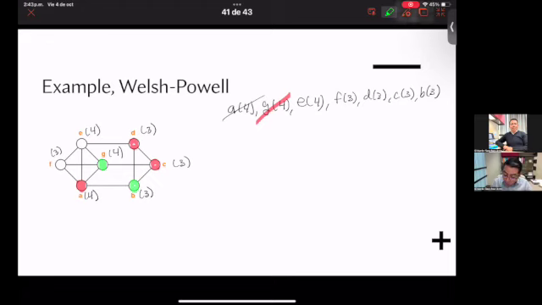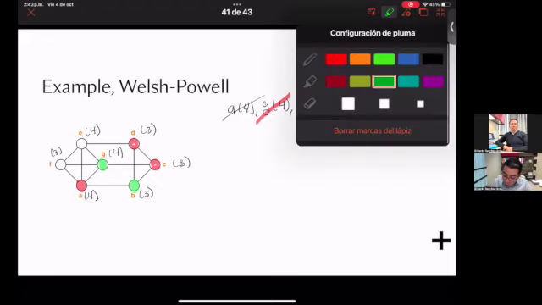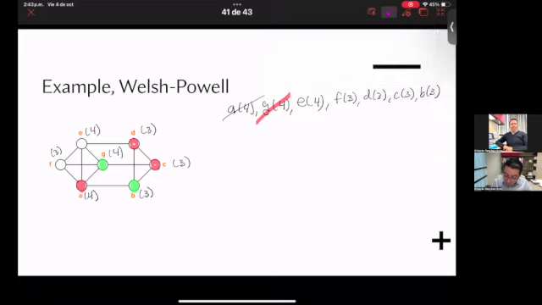Then we go to E. E is going to be colored with this one. And we don't have any other node which is not connected to E. So we will have to change our marker.